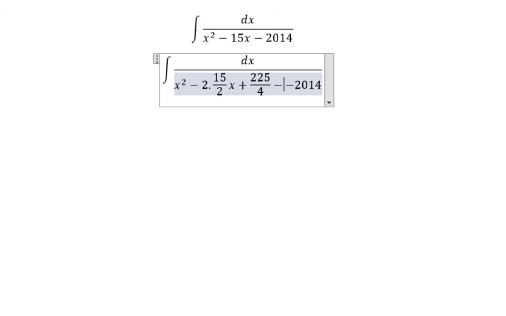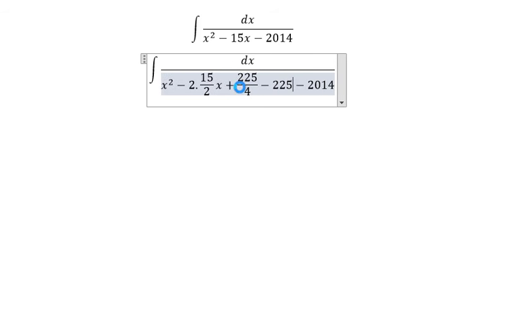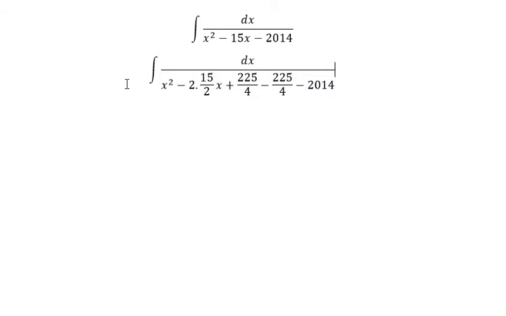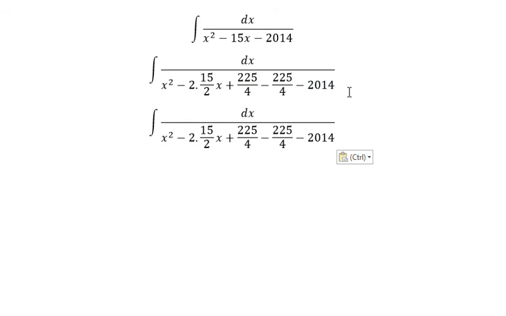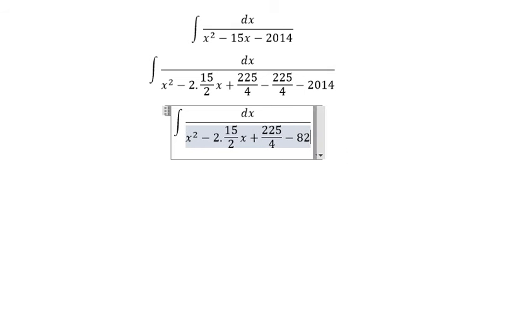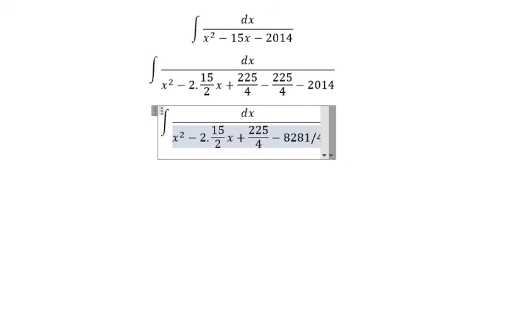So we need to minus 225 over 4. So we calculate this number in here, and you will get negative 8,281 over 4.